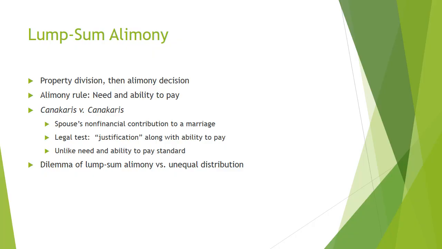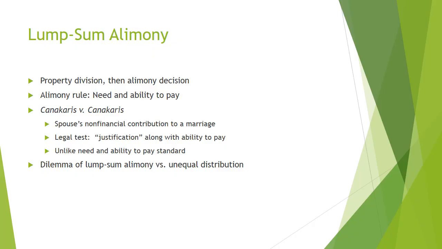Now, before the Canacaris case, lump sum alimony was only permitted when it was tied to support. And that meant that the same criterion of need and ability to pay that applied to periodic alimony was also being applied to lump sum alimony because it had to do with support.